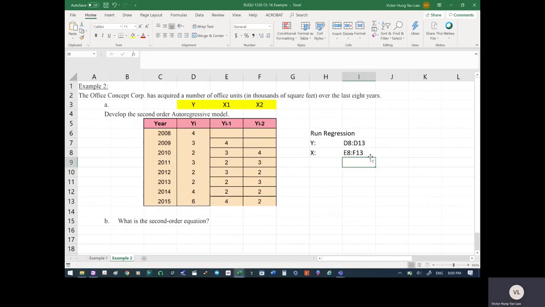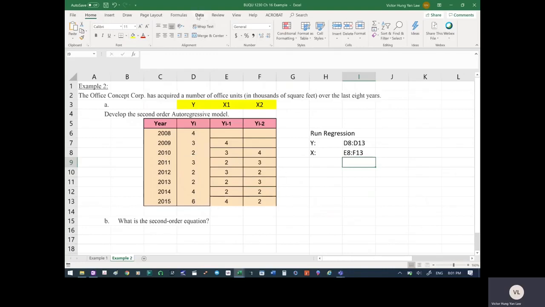When we run the regression, our y values will be from D8 to D13, and our x variables will be the 2 columns E and F, so E8 to F13. The reason we start from row 8 is that we don't have a complete data set for 2008 and 2009, so we have to start from 2010. From 2010 onward, we have a complete data set.